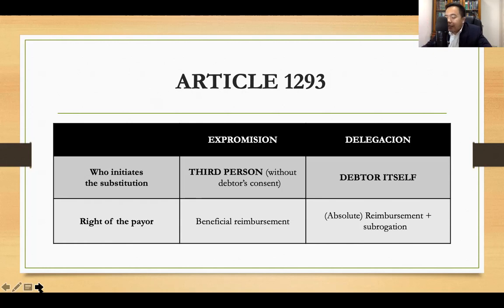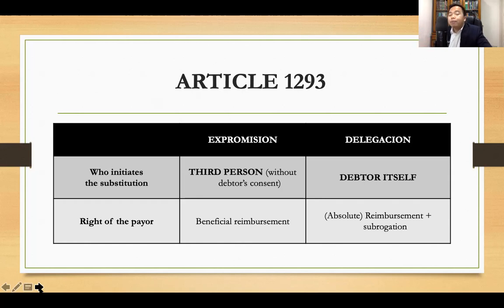Whether or not the payment has been beneficial, the payer can seek absolute reimbursement plus the right of subrogation. Ano ba yung right of subrogation? The payer will step into the shoes of the creditor and he can also exercise his rights. For example, he can foreclose the mortgage in case that the debtor will refuse to reimburse him.